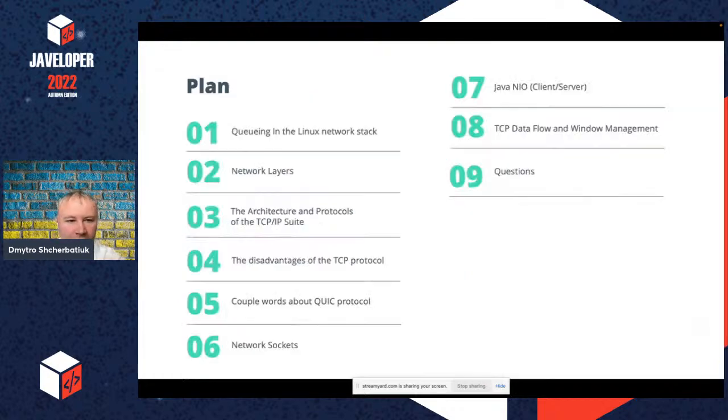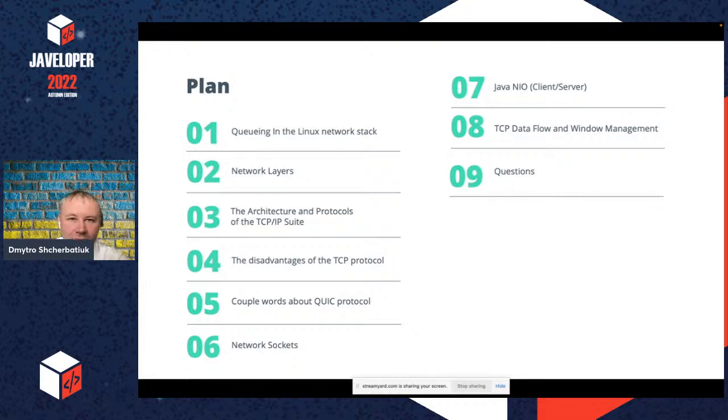So, the plan for today. Today I would like to deep dive into the network stack and show how client and server communicate with each other, how packets fall into the stack and where they are stored before the endpoint processes them.